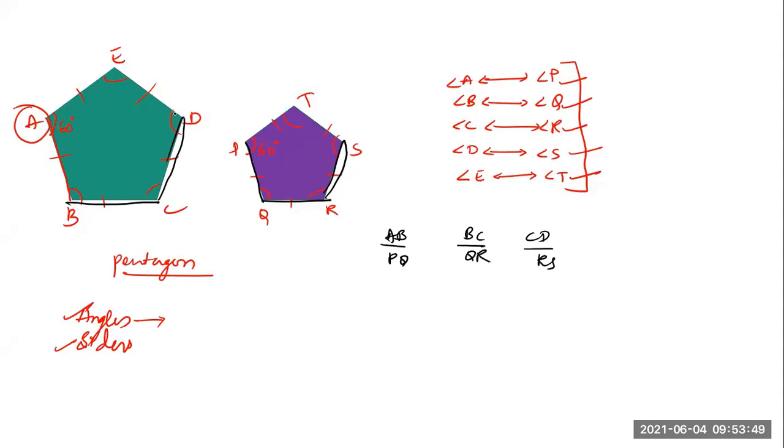Next is DE, and its corresponding side is ST, and EA, and its corresponding is TP. If these ratios, these are ratios, correct? Are they ratios or what?